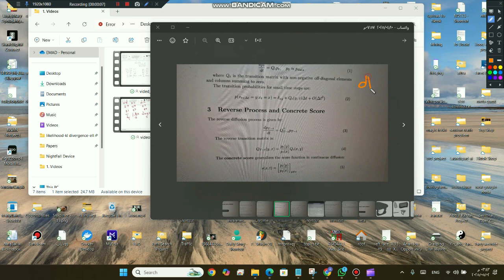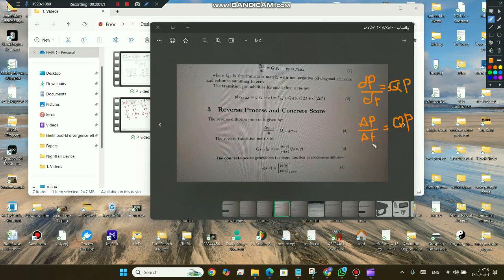dp over dt equals Qp. Now, what if we create an Euler approximation for this equation, and instead of working on a very, very small dt, we say delta p over delta t equals this right-hand side, Qp?